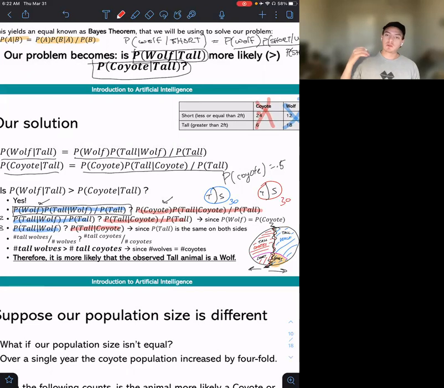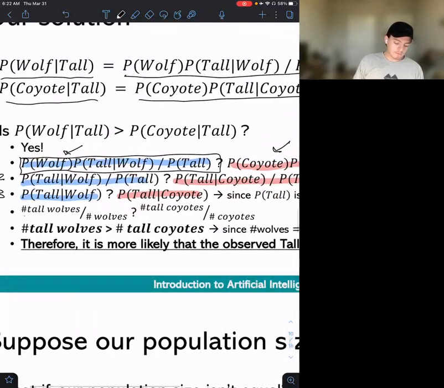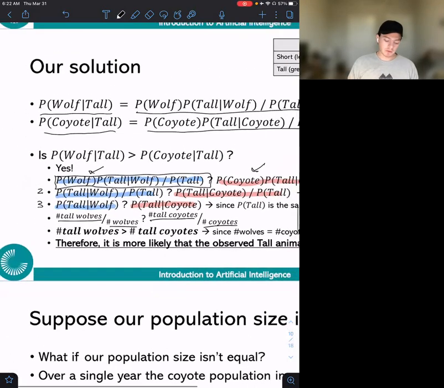And so from that, we can just directly do some numerical calculations where we have defined these new sample spaces, and we have the number of tall wolves given by the museum, over the number of wolves we have calculated, compared to the number of tall coyotes over the number of coyotes total.